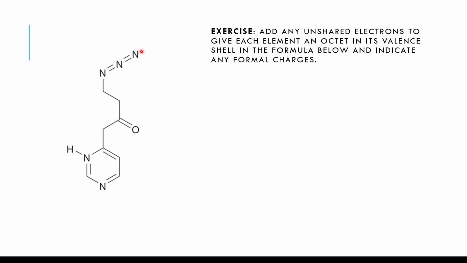In the upper part we have three nitrogen atoms. In the middle part of the molecule, we have an oxygen atom, and in the lower part of the molecule, we have two nitrogen atoms that can have potentially lone pair or unshared electrons. Let's start from the upper part of the molecule, and in the upper part, I have this nitrogen atom.